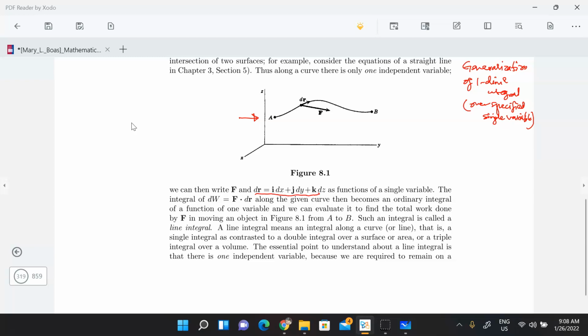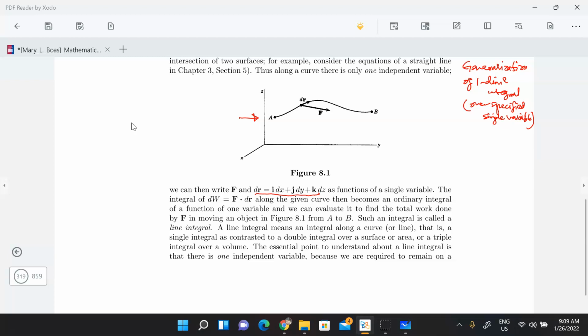So whenever you take the dot product, you will get something of much more general nature, having dx, dy, dz all together in one particular integral. But the fact is it's still one dimensional because you are looking at a particular curve. The only difference with the one before is that this curve may not necessarily be given in a single variable.